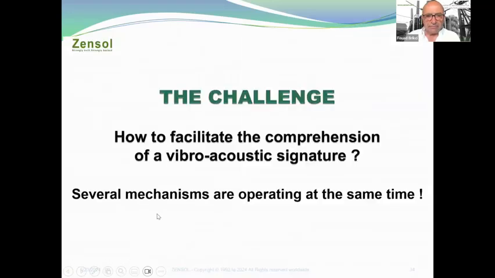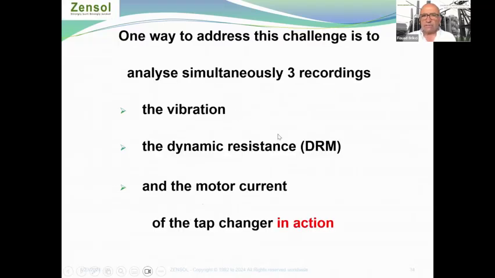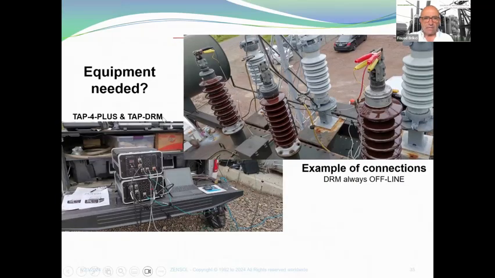So the challenge: how to facilitate the comprehension of vibroacoustic signatures. Several mechanisms are operating at the same time. One way to address this challenge is to analyze simultaneously three recordings: the vibration, the dynamic resistance, DRM, and the motor current of the tap changer in action. So what we need is what we call a TAP 4 plus.